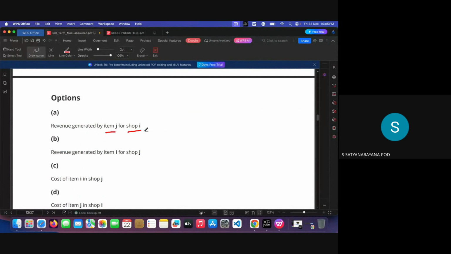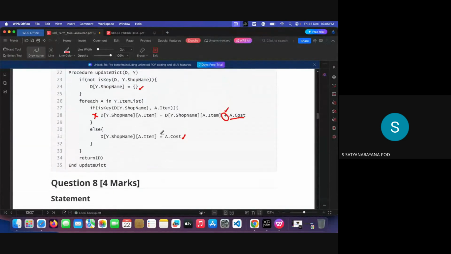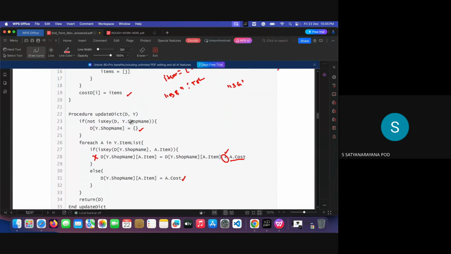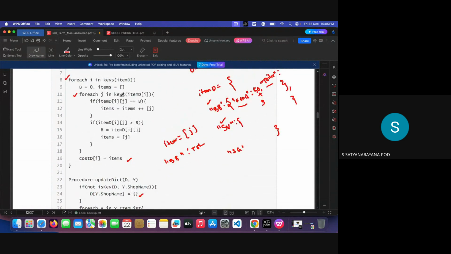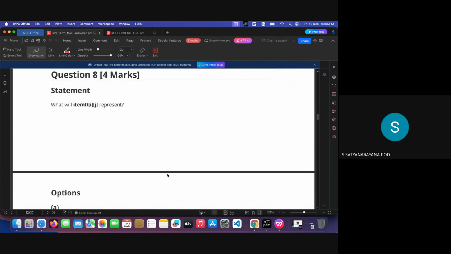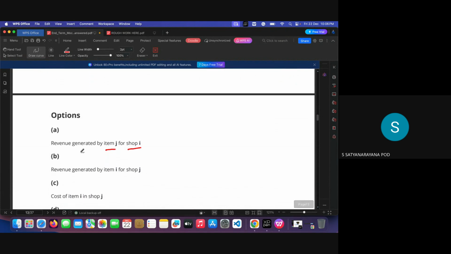For the shop I, the outer loop represents the shops: Big Bazaar, SV stores, SG general. And inner loop J represents each of the items. So revenue generated by item J for the shop I. That's the right answer.